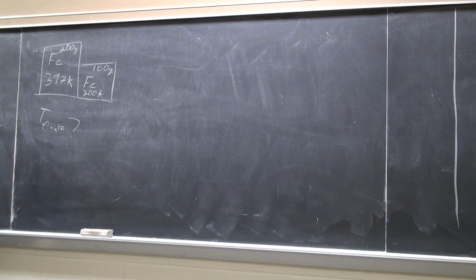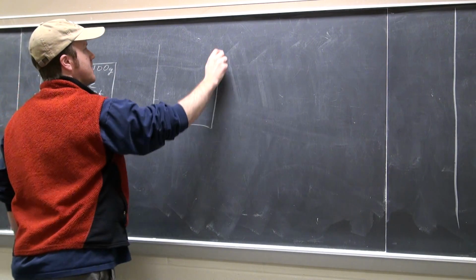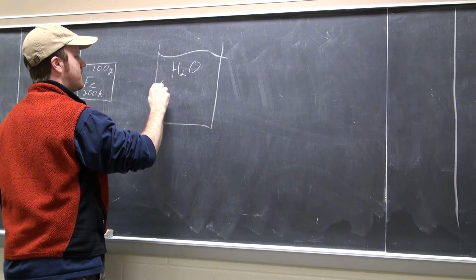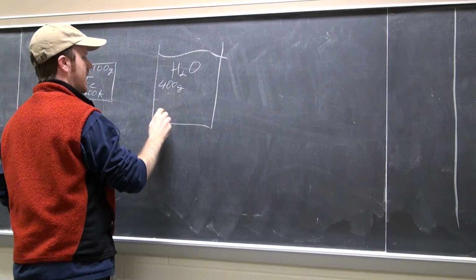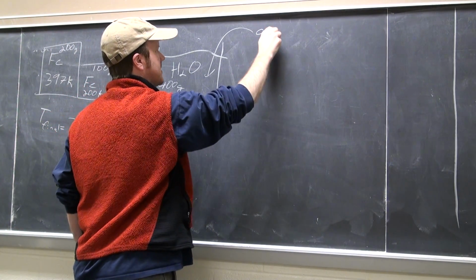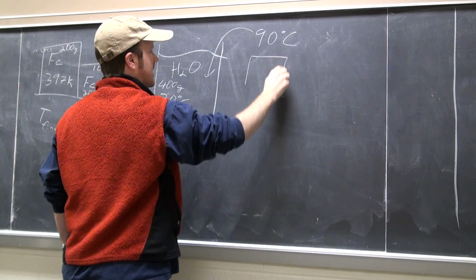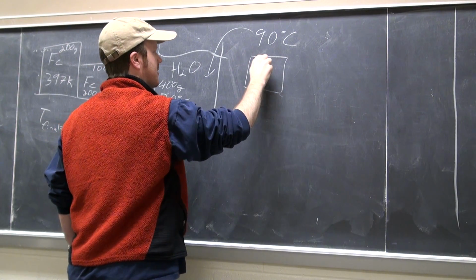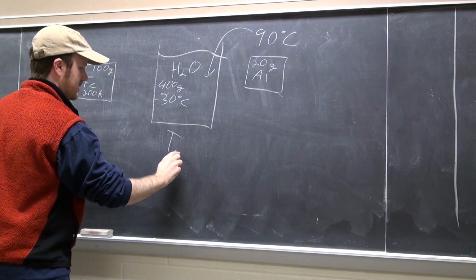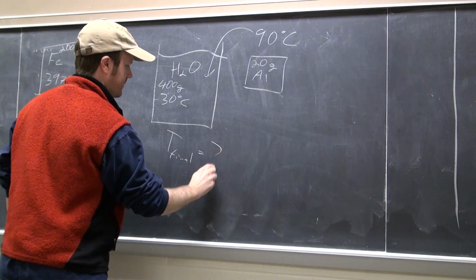So this type of thing is fair game. Also calorimetry questions where, say you take 400 grams of water at 30 degrees Celsius, and you drop in a block that's 90 degrees C, and it's made out of, say, 20 grams of aluminum. What's the final? Stuff like that.